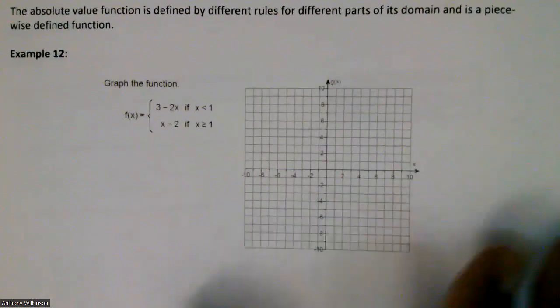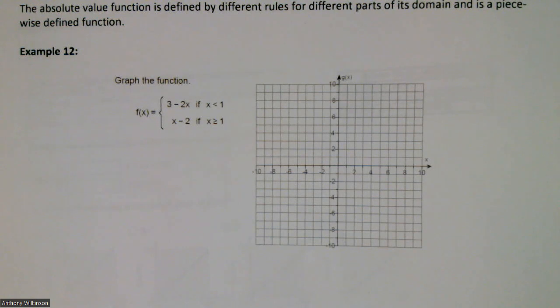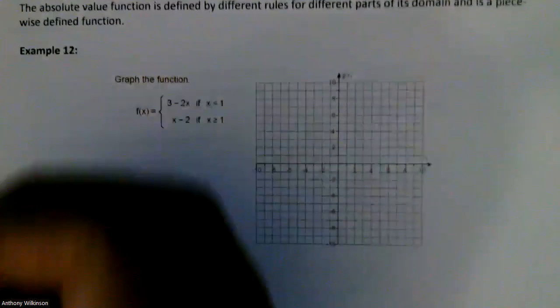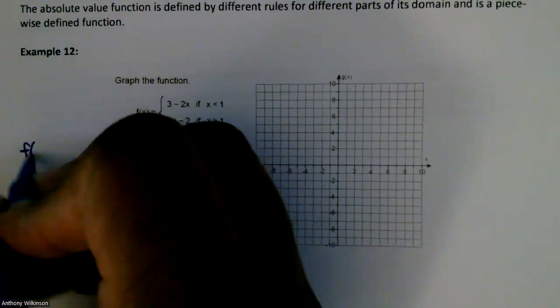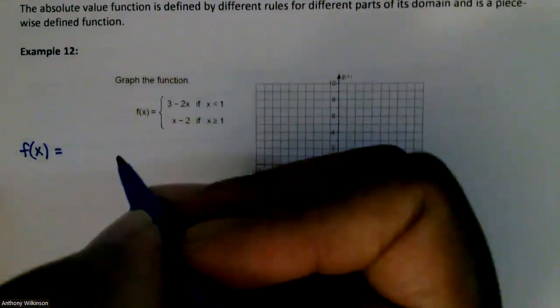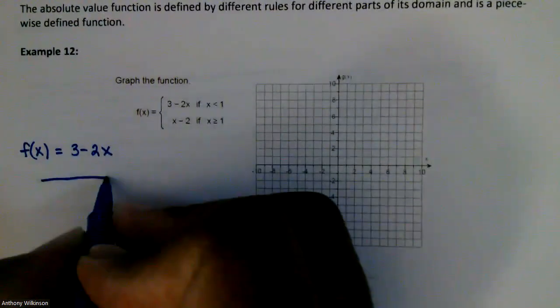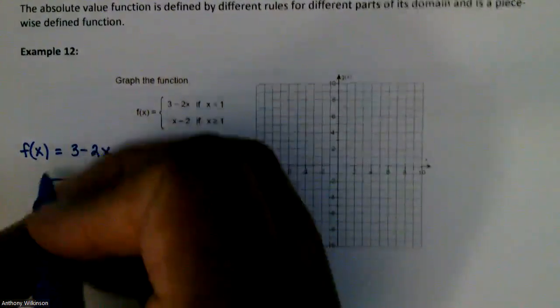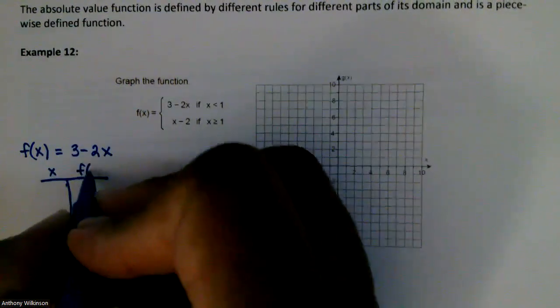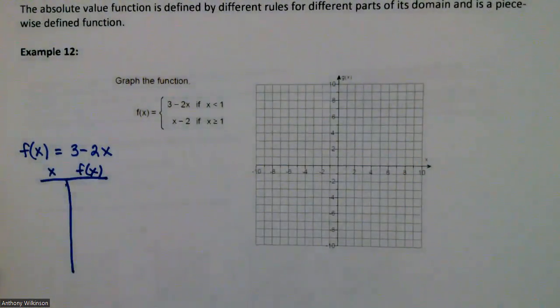Let's say we want to graph the function f of x is equal to 3 minus 2x if your x value is less than 1, and x minus 2 if your x value is greater than or equal to 1. So let's start with f of x is equal to 3 minus 2x. Now the restriction here is that your x value is less than 1.